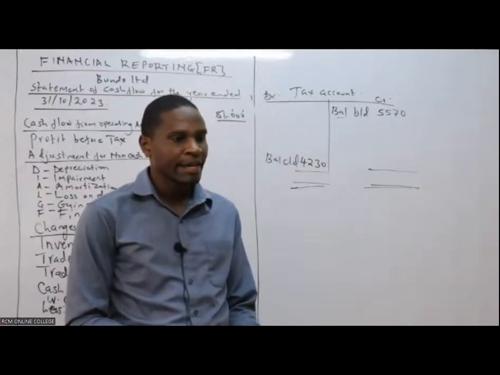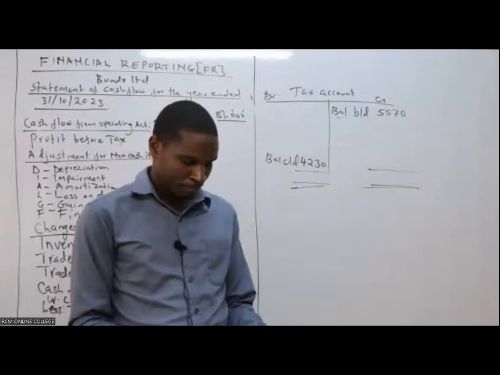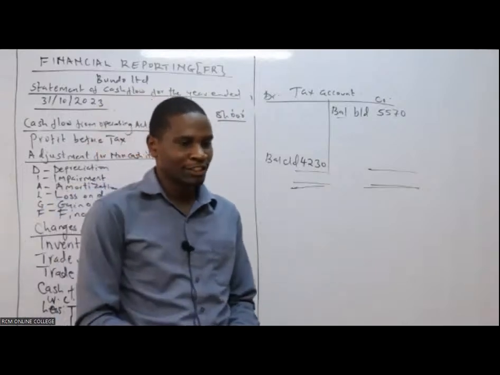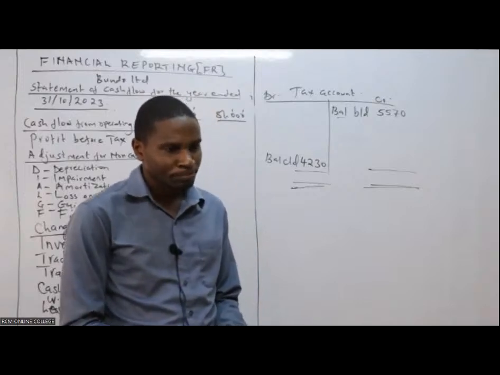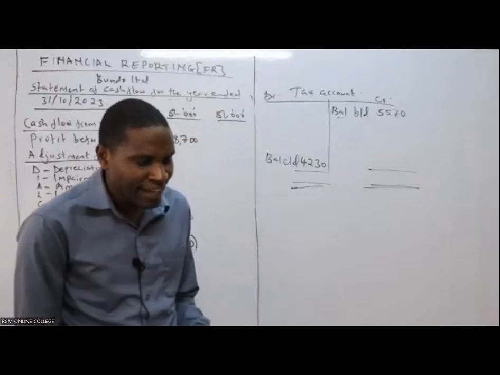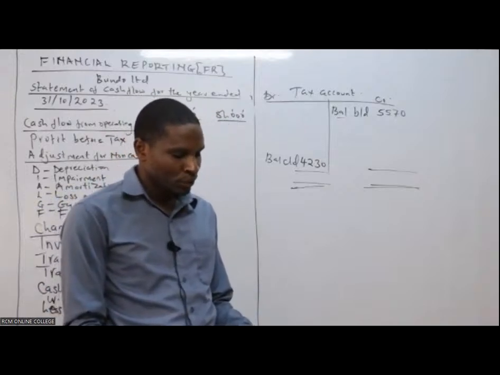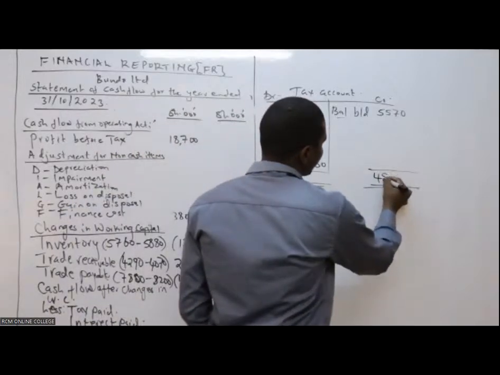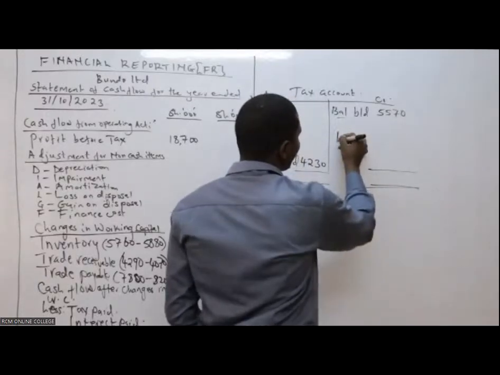Ukiona uniambie ni ngapi? Aha, nimeiona. How much tax did they pay? Just check the original income statement. 4830. Yes, I can see 4830. Asante. This is coming from the income statement.